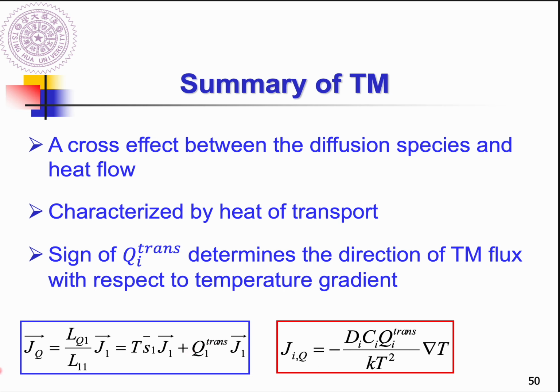This one is especially to describe the heat flow: when you observe diffusion at constant temperature, we still observe heat flow due to the contribution from the atomic flux, right? And also the interaction between the heat flow and atomic flux. And this term is the atomic flux driven by thermal migration.